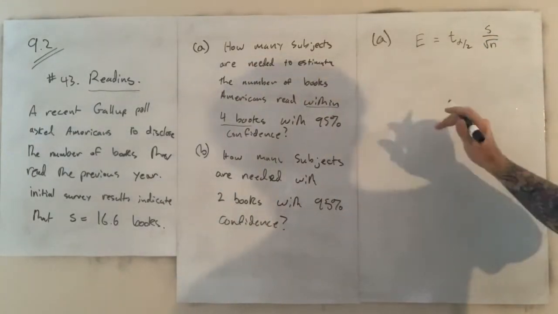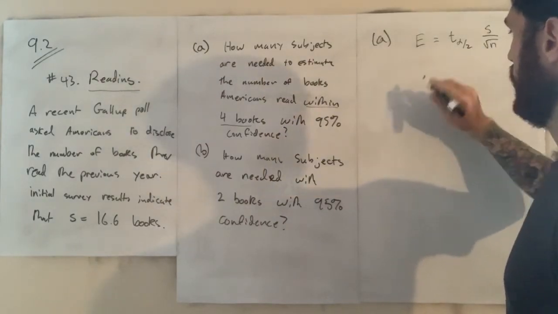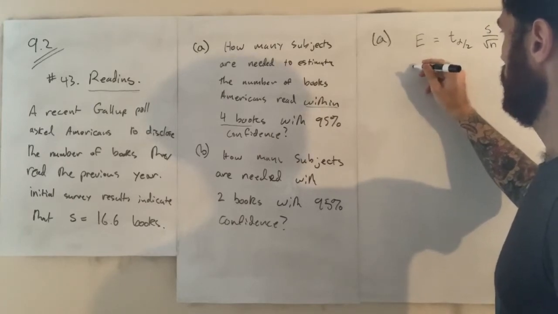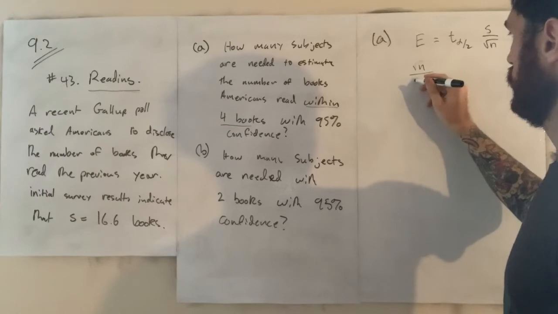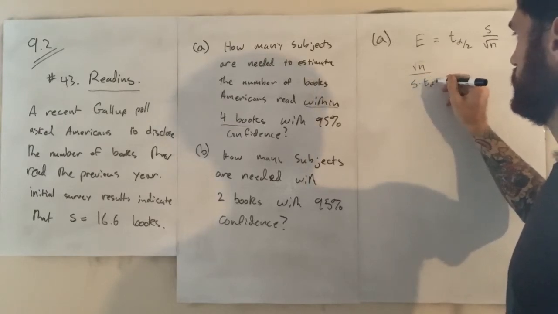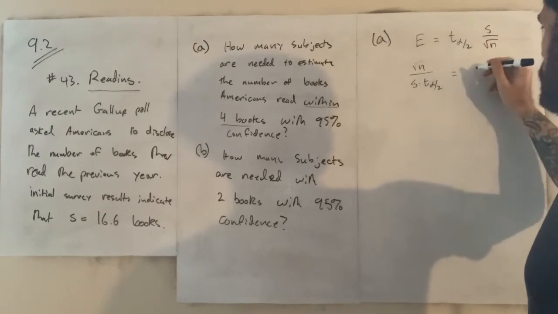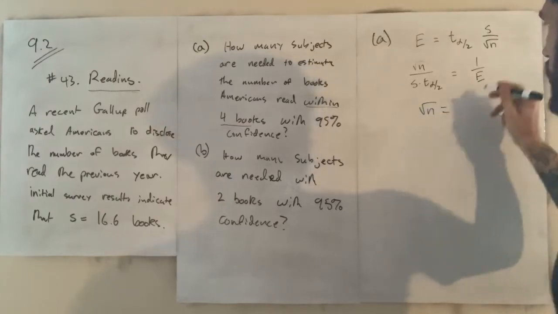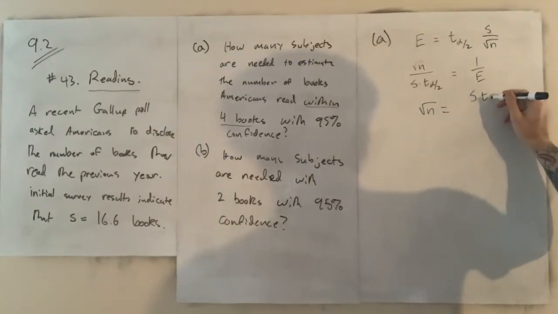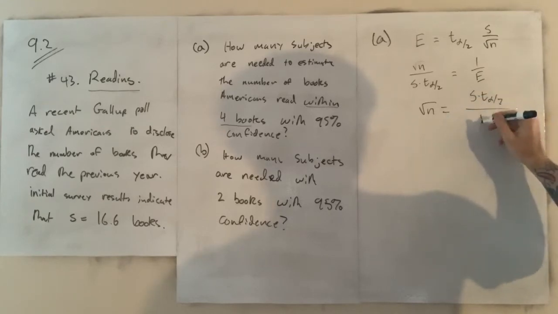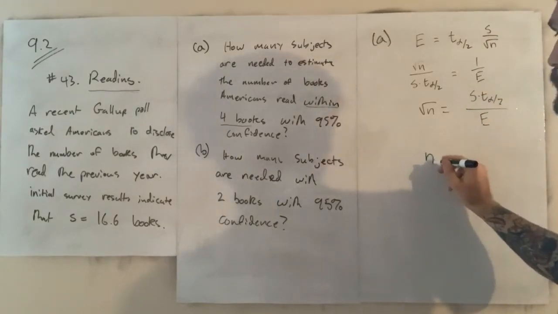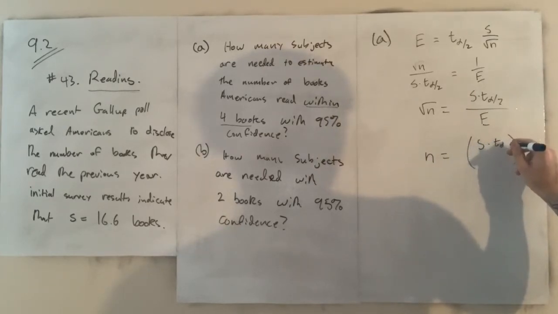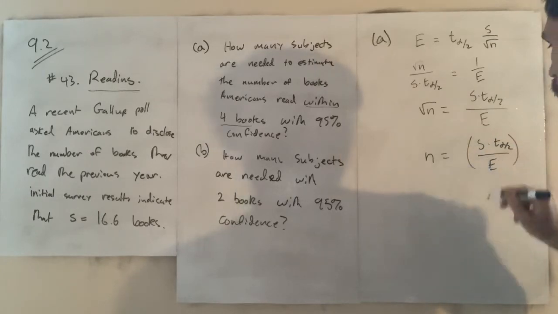And we can solve for n by flipping all of this, and we're going to get square root n over s times t sub alpha over 2, which is equal to 1 over e. And then you can solve for the square root of n and get s times t alpha over 2, all over e. And then if you square both sides, n is going to be s times t alpha over 2 all over e, squared.